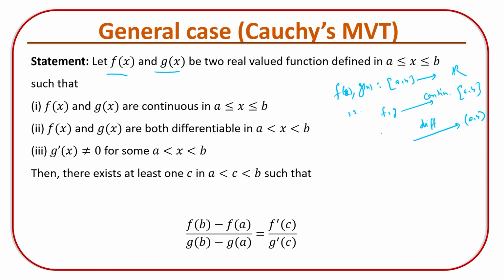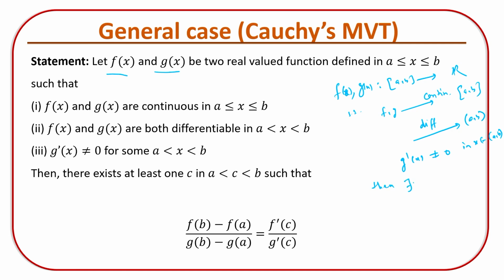And the third condition says that g dash of x is not equal to 0 for x belonging to (a, b). So in the open interval, g dash of x is non-zero.